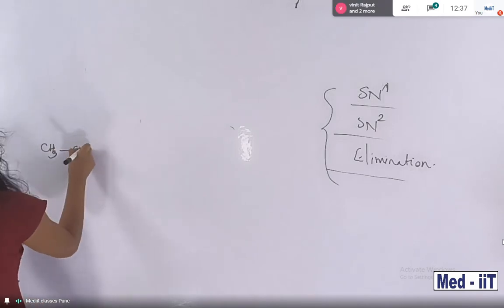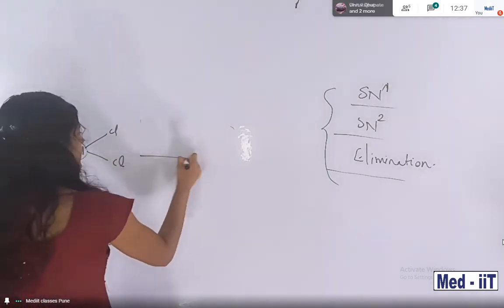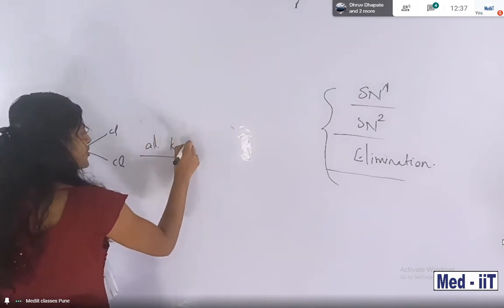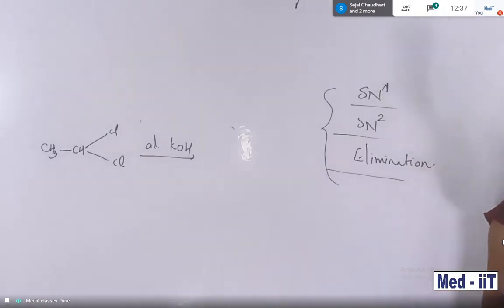CH3CHCl2, with two chlorines here, again with KOH. Then try, students. This is a different one.